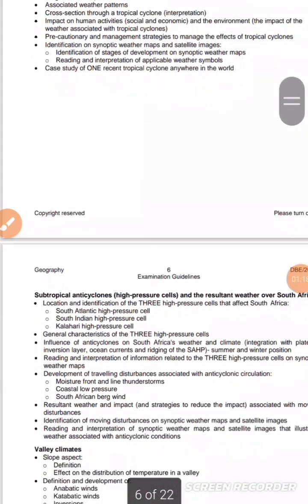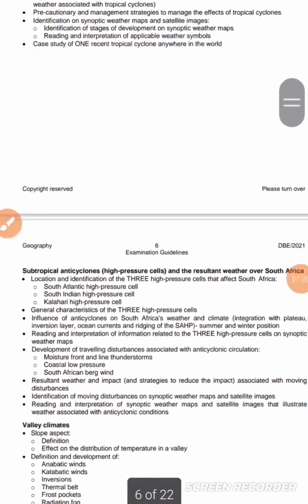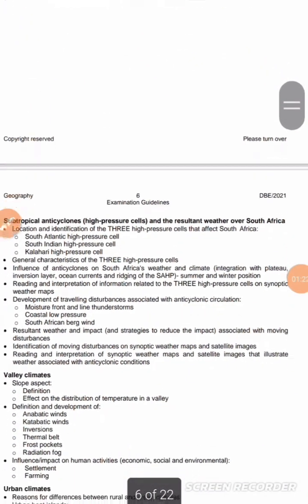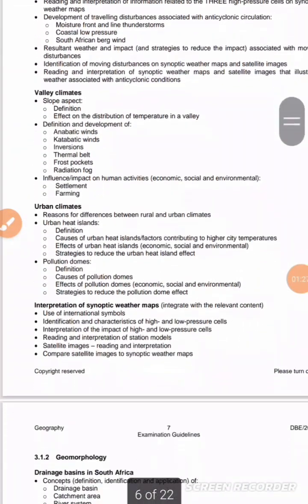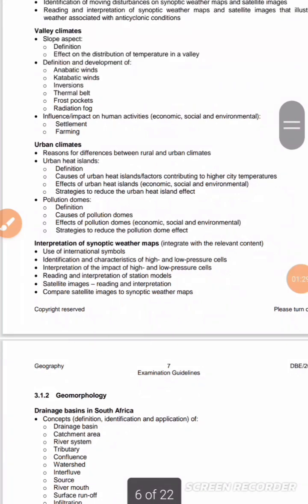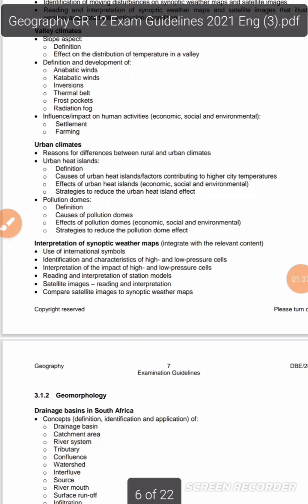And we have subtropical anticyclones, which are high pressures, and also we have valley climates, urban climates, and also we have interpretation of the synoptic weather map.